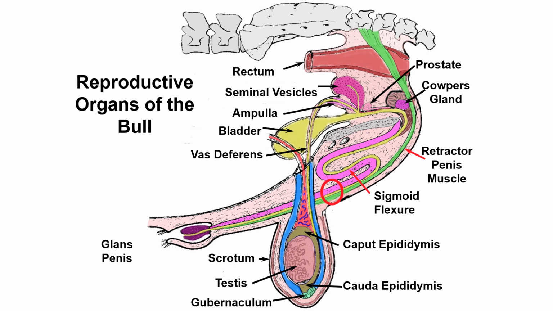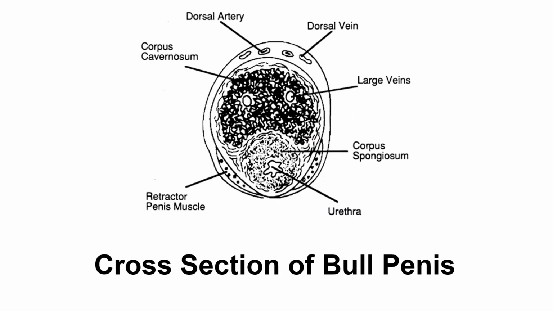The next slide will show the cross-section of the penis, as indicated at this portion by the red circle. This is the cross-section of the bull penis. In the diagram, we can see that there are two large veins in the center of the upper portion, and we have a very hard portion of the penis at this level, known as the corpus cavernosum.